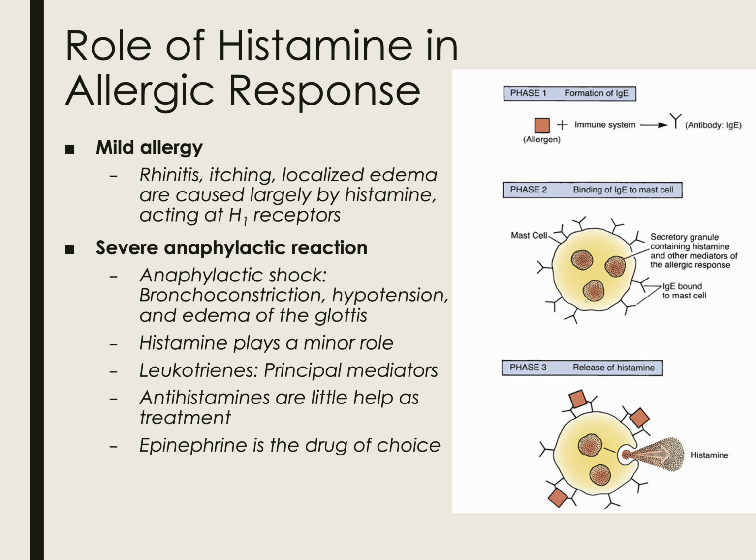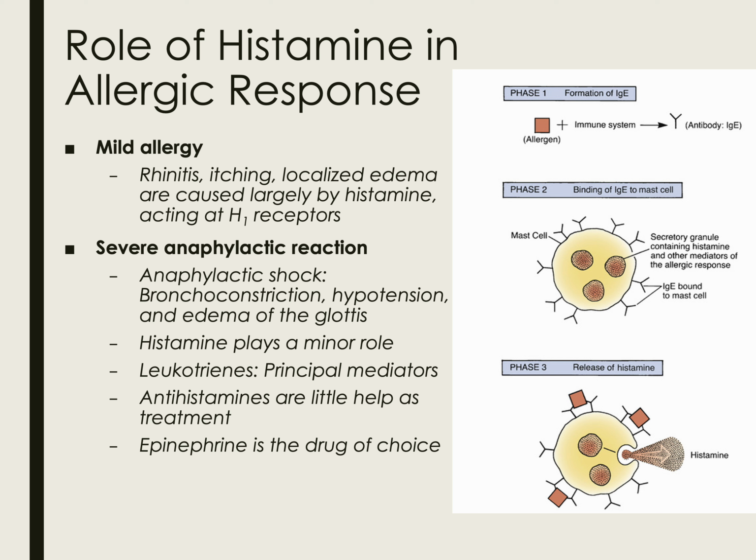By a mechanism that is not fully understood, this binding of an allergen to an adjacent antibody will create some type of bridge between these two antibodies. This process mobilizes intracellular calcium, and in turn, the calcium causes a histamine-containing storage granule to fuse with the cell membrane and disgorge itself into the extracellular space.